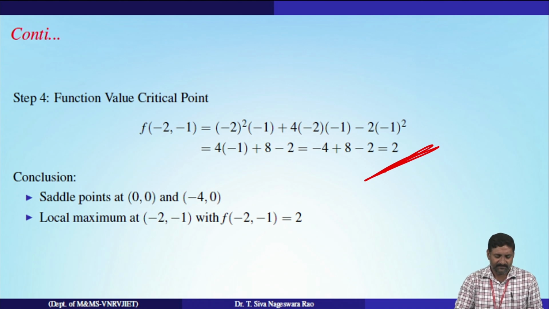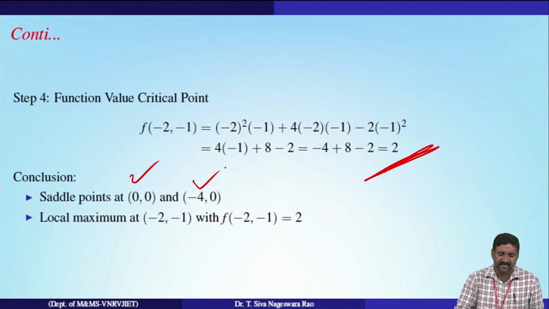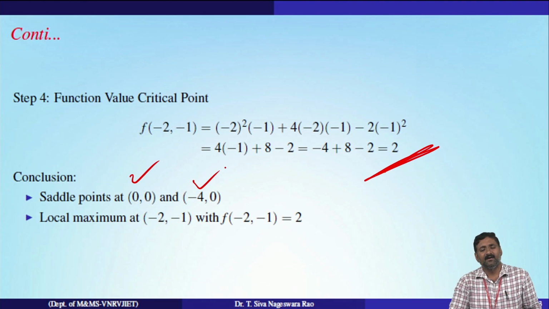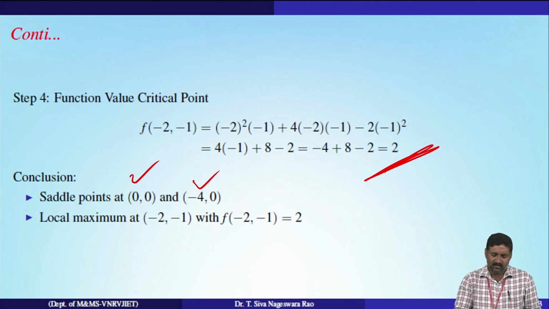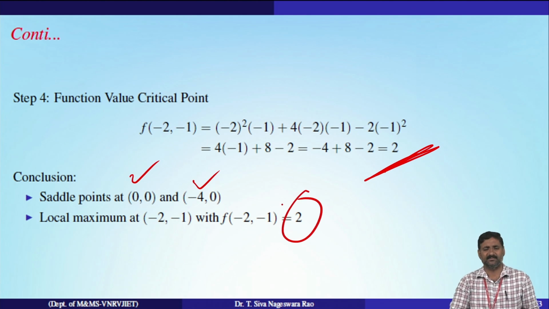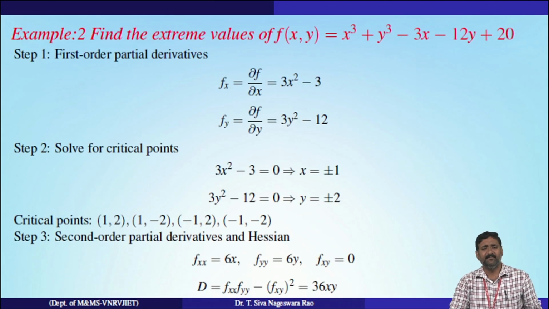Out of 3 points, at (0, 0) and (minus 4, 0), the function will have neither maxima nor minima. So we will call these points saddle points. Now, coming to the point (minus 2, minus 1), we obtained that the function will have a maximum value. Now, what is the maximum value? It is 2.